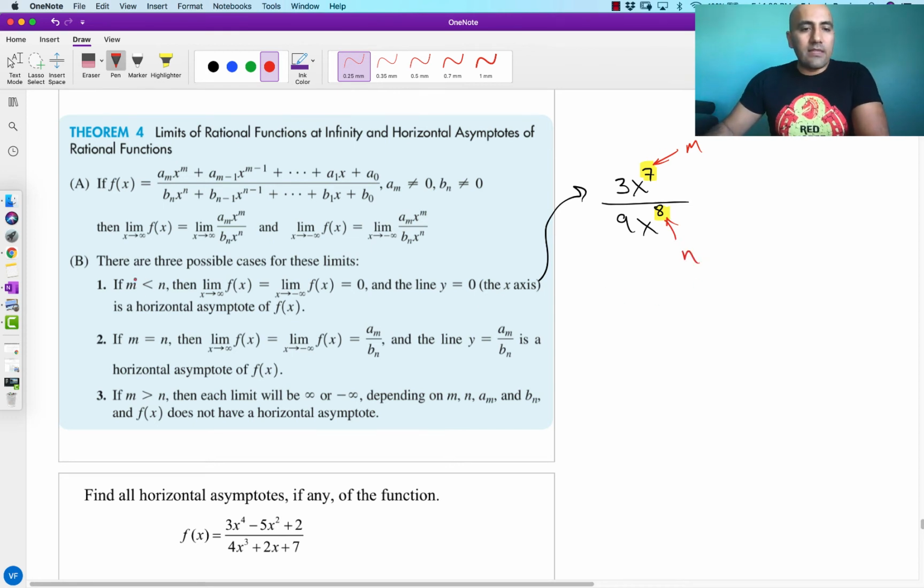So if we have this case, m is smaller than n, then I know that the limit as x approaches positive or negative infinity is going to grow towards 0. That's what this one is saying. So therefore, our output function is going to get infinitely close to 0.